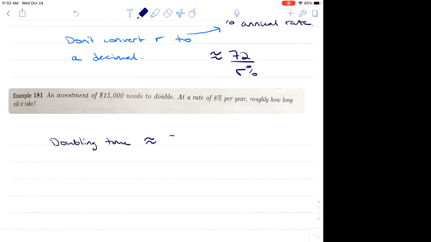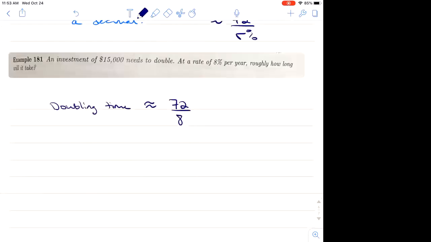So then we've got 72 divided by 8, leaving that 8 as a whole number. It's going to take roughly 9 years. So double.